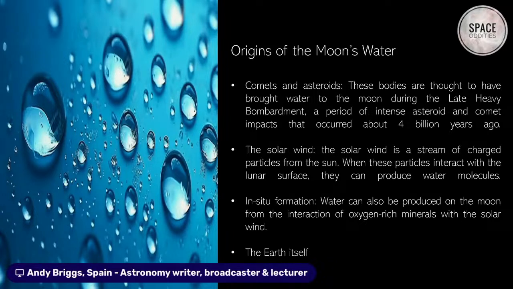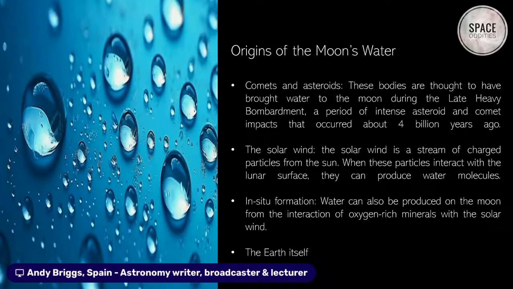And it can also be from the Earth itself, because don't forget, we believe that the moon was formed after a Mars-sized body collided with the Earth early in its history, and a huge amount of the Earth's crust was thrown into space and then coalesced quite quickly, as it turns out, to form the moon, so the water could have come from the Earth in that way. We don't know, basically, is the answer. But then again, we don't really know where Earth's water came from in the first place. So there we are. That's a bit uncertain at the moment.